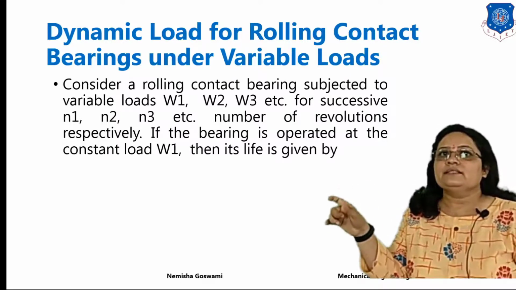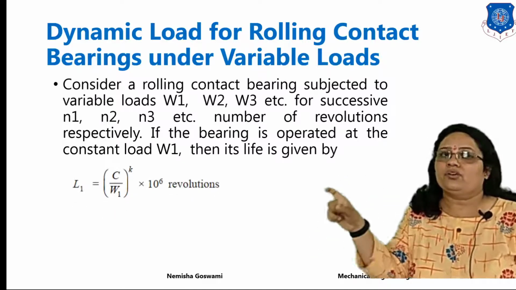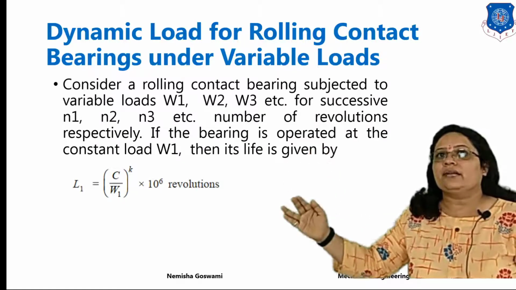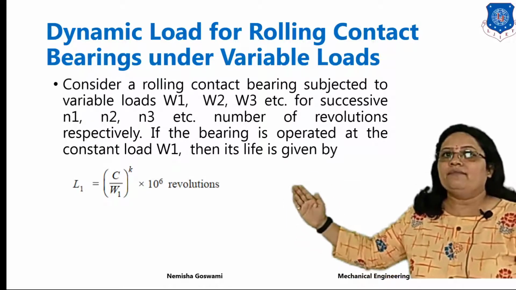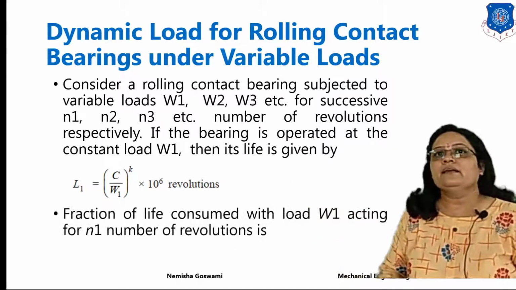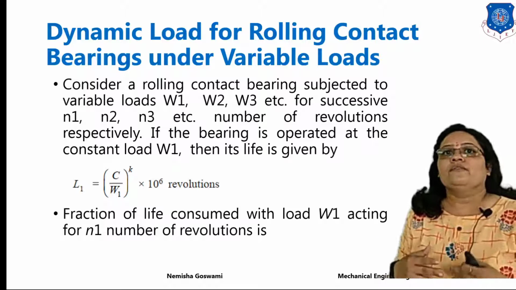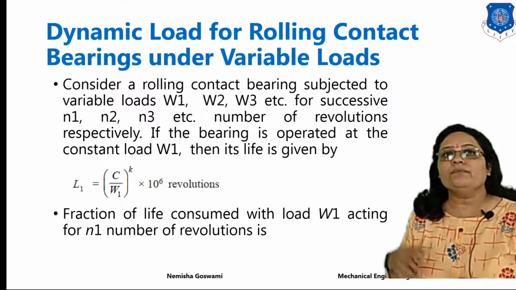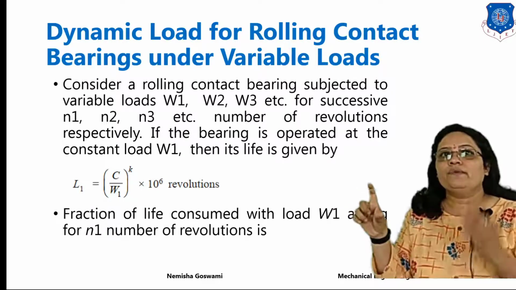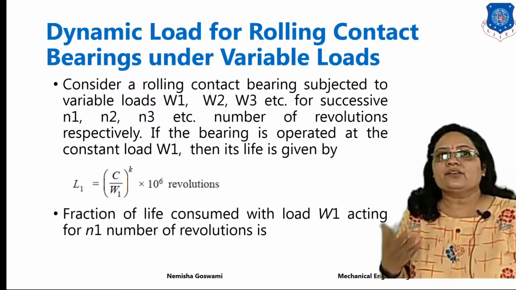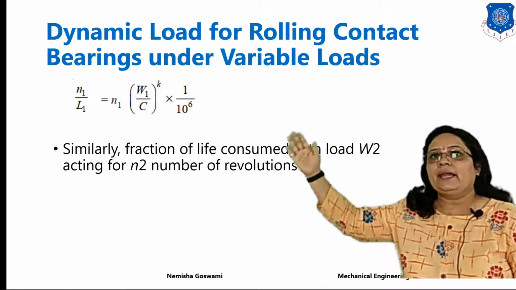When we consider only W1, what is the life of the bearing? L1 is equal to (C divided by W1) to the power k, into 10 to the power 6 revolutions. This is the standard L1 with respect to W1. Similarly, the fraction of life consumed with load W1 acting for N1 revolutions is N1 divided by L1.